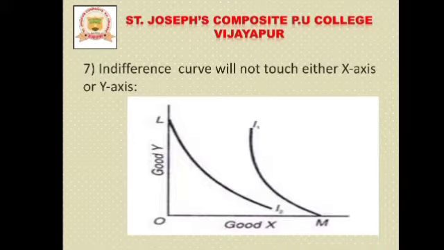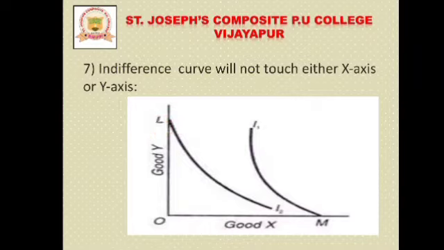The first diagram reveals that the consumer has only commodity X, that is at point L.